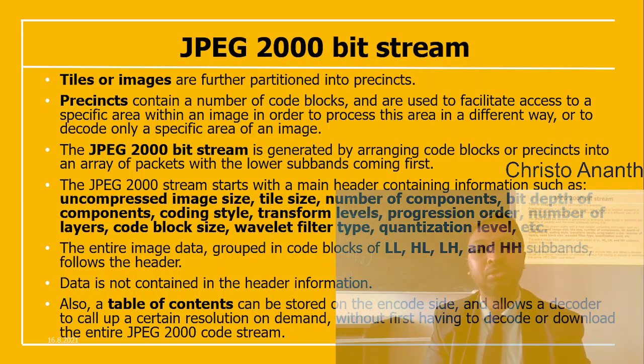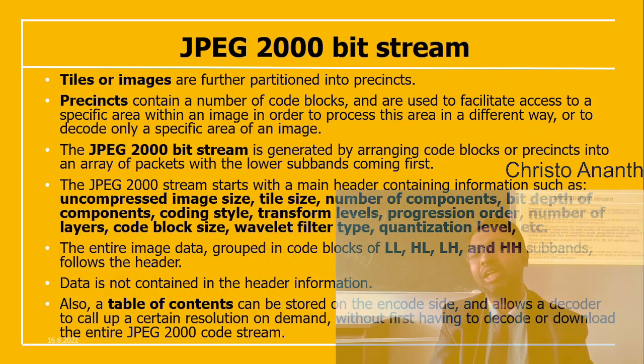The JPEG 2000 code stream starts with the main header containing information like uncompressed image size, tile size, number of components, bit depth of the components, coding style, transform levels, progression order, number of layers, code block size, wavelet filter type, quantization level, and so on.